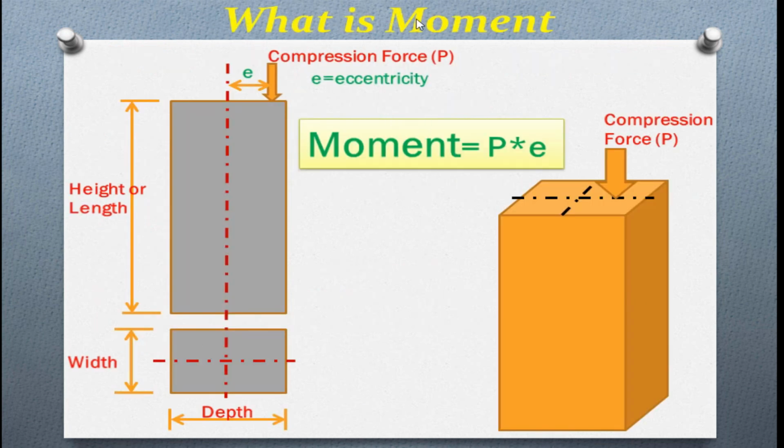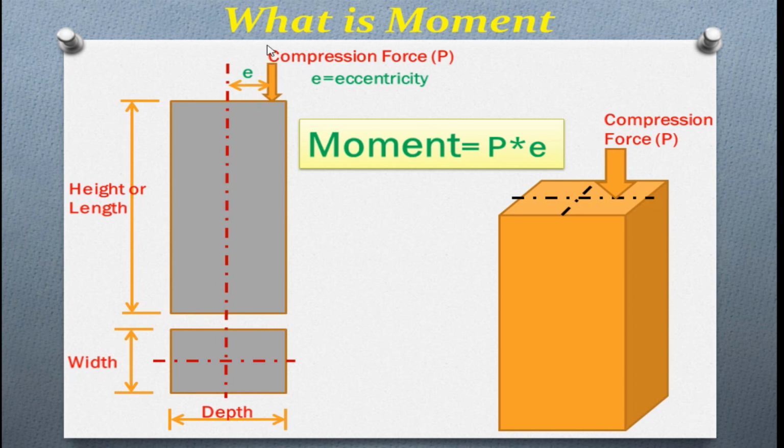So what is moment? The same cross section I have shown. This is the cross section and this is the front view of the column, the height or length of the column. What is eccentricity? First you will see when the compression force is applied eccentrically, you can see in the 3D diagram, it is not in the center of the axis, it is some distance, and that distance is called E. E is equal to eccentricity.